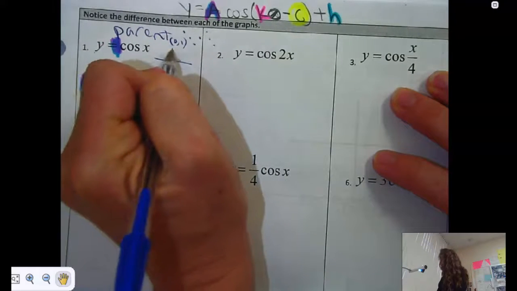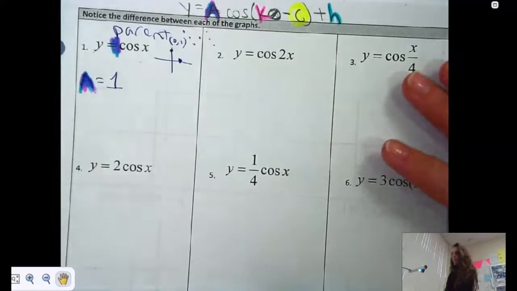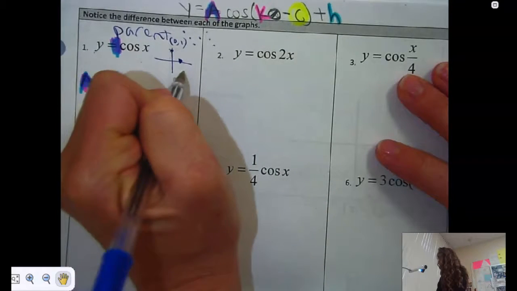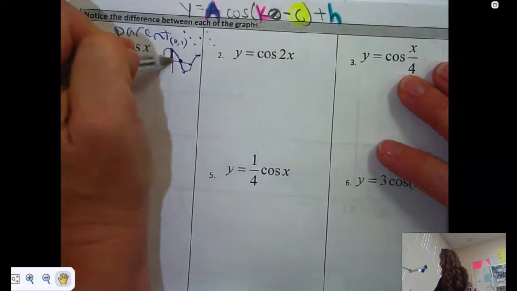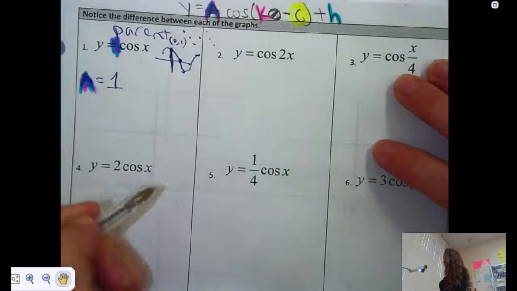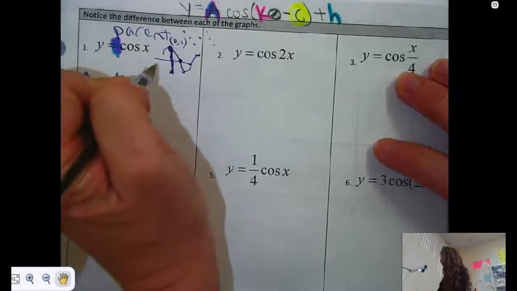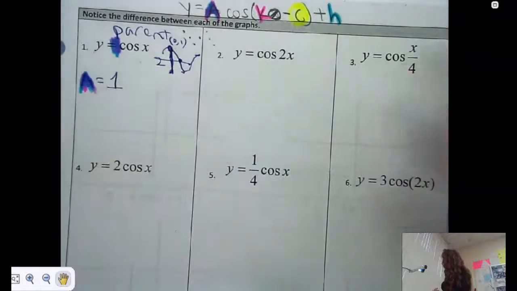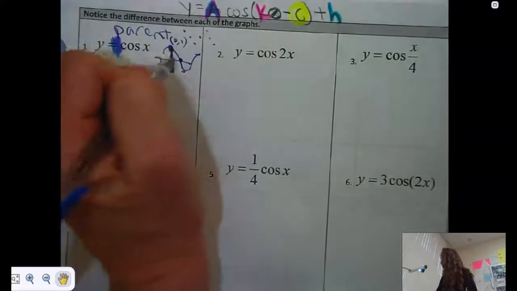That means that's top. The next point would be middle, okay? So if I was to graph this, and we'll actually graph it, the distance from the top to the middle is 1. The distance from the middle to the bottom is 1. So technically the total distance from the top to the bottom is 2, but that's not considered the amplitude. They measure the amplitude based on the top to the middle.